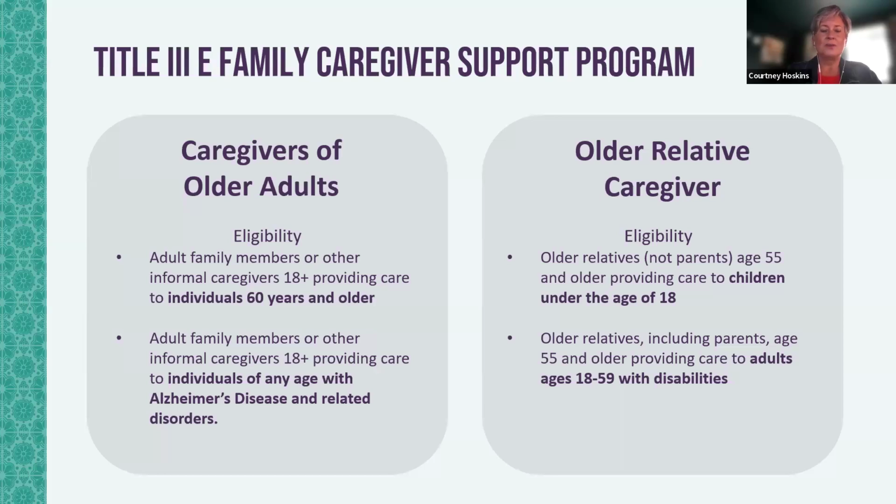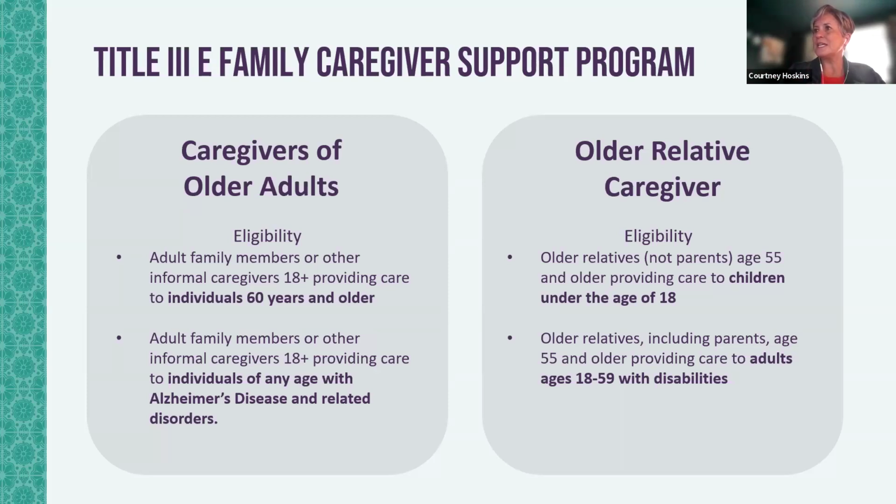All right. So the Family Caregiver Program provides caregiver support to two separate groups of individuals. They can be caregivers of older adults or older relative caregivers, which I lovingly still call grandparents caring for grandchildren. When we think of an older relative caregiver, it was first coined as grandparents caring for grandchildren.